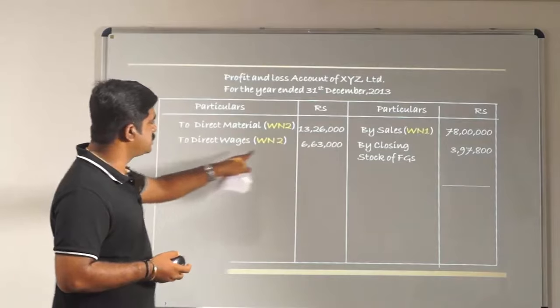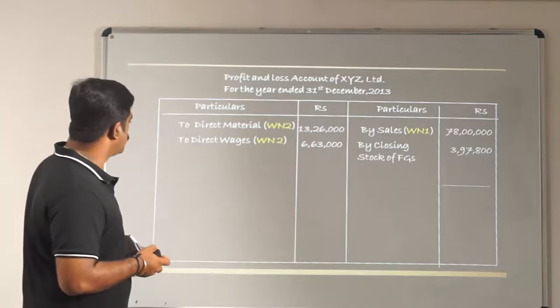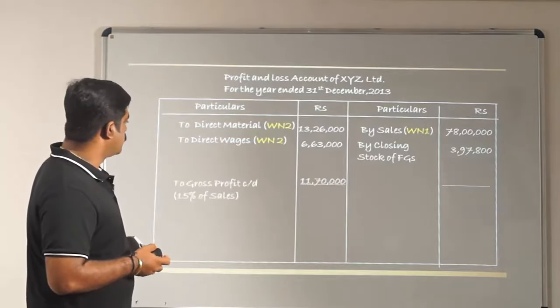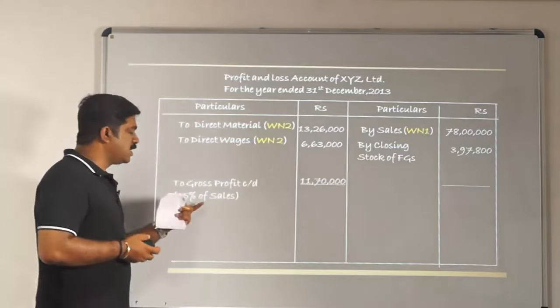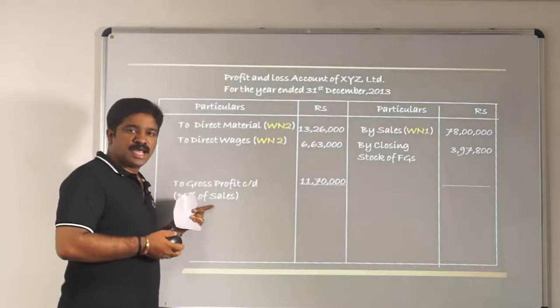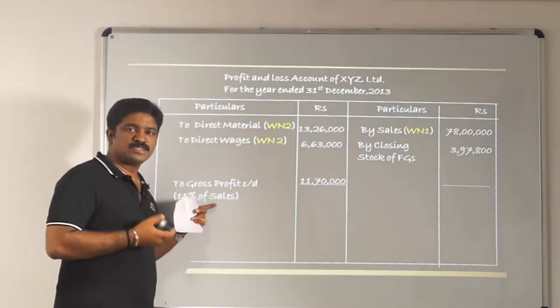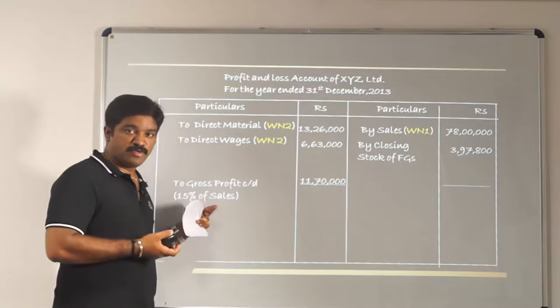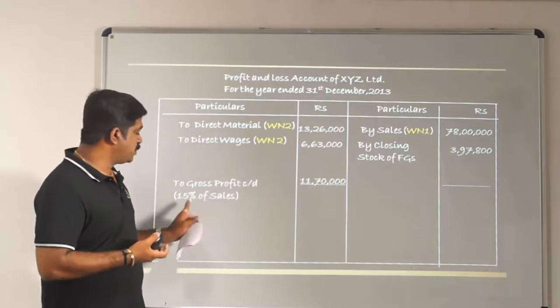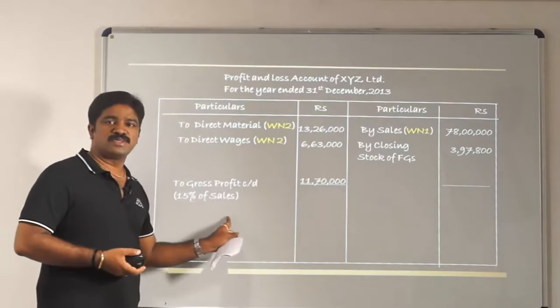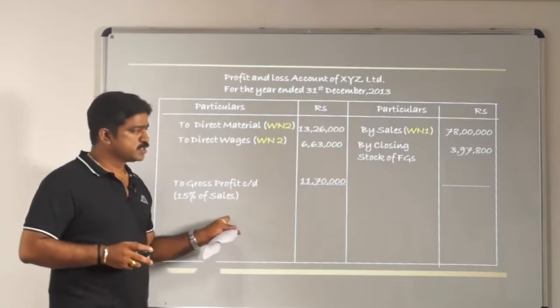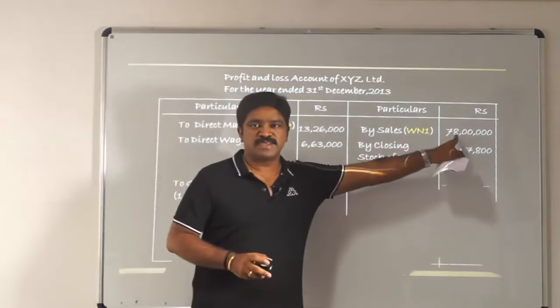Then direct wages 6,63,000. Okay, then one critical item, this I am applying directly. What is this? This is nothing but the gross profit, and this information you have in the question, that is gross profit is 15% of sales. So I know what my sales is, 78 lakhs.